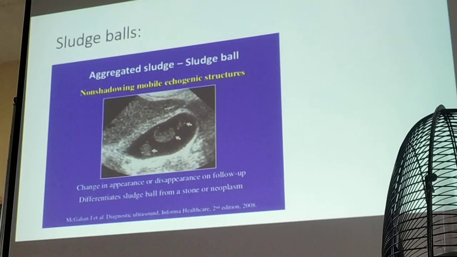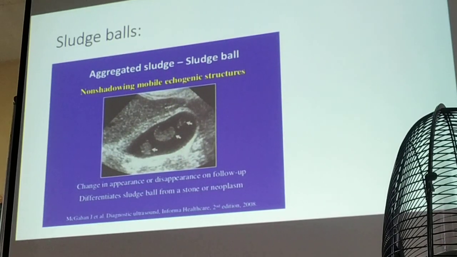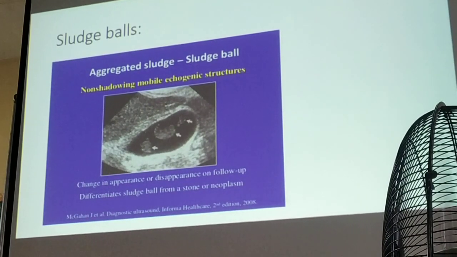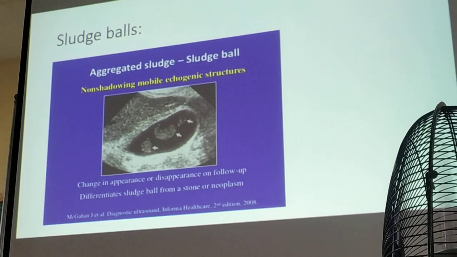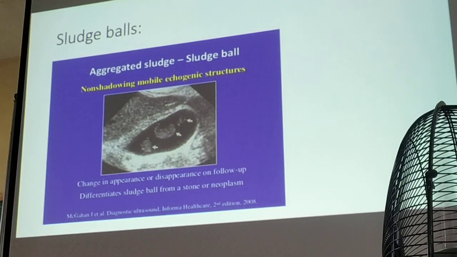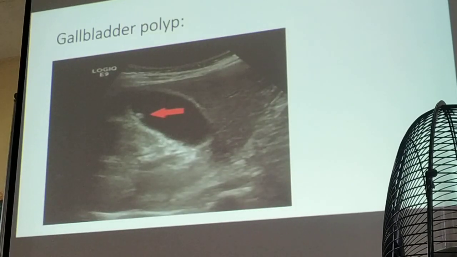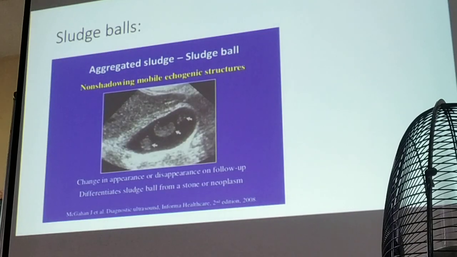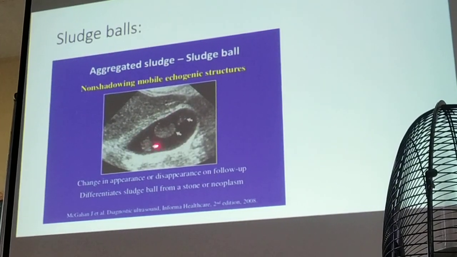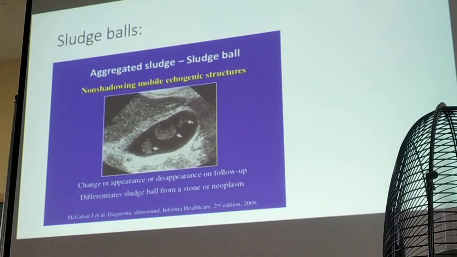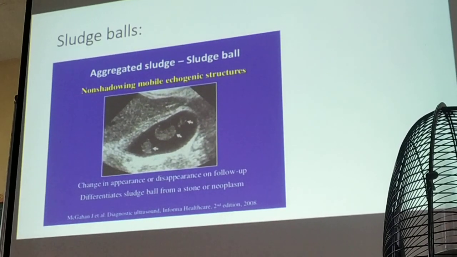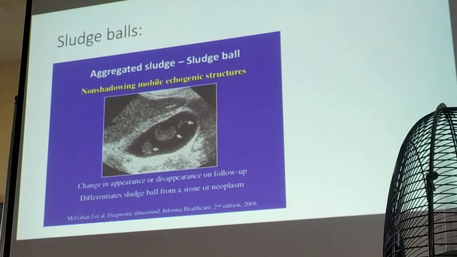A sludge is usually more hypoechoic compared to your polyp, which is hyperechoic. Mas puti yung polyp. Okay? There. Mas intense yung kanya pagkaputi niya as compared to your sludge ball. Okay? And definitely your sludge ball, through monitoring, this would develop into a stone.